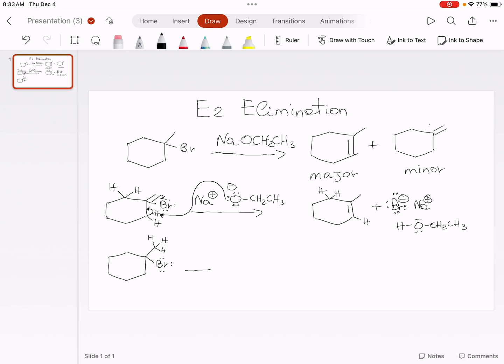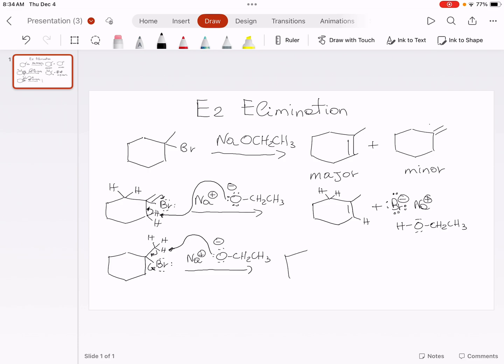In the other reaction, the base will attack the other type of beta hydrogens, following the same kind of mechanism. So the base takes one of the beta hydrogens on the CH3, a double bond will form, the leaving group will leave.